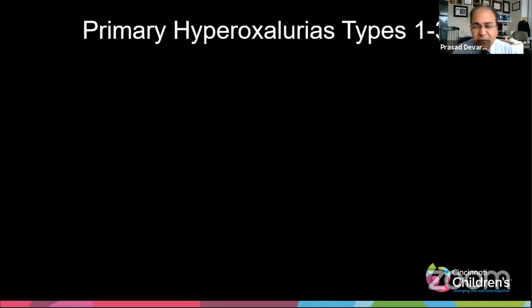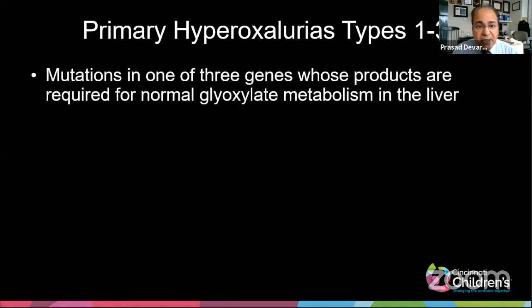Let me get to these. So primary hyperoxalurias, there are 3 types, maybe 4 types, but genetically we know that there are 3 types. And mutations in one of the 3 genes whose products are required for normal glyoxylate metabolism in the liver is the cause of primary hyperoxaluria. So it is a liver disease, it's not a kidney disease.